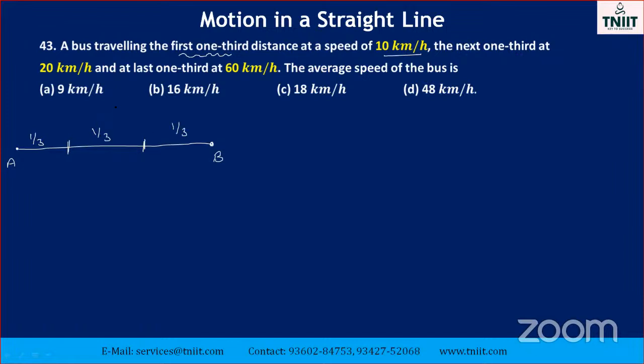It is equally divided into how many intervals? 3 equal distances. For the first 1/3 of the distance, the speed is 10 kilometer per hour. Remember, the unit is kilometer per hour. The second 1/3 is moving with 20 kilometer per hour. The last 1/3 is moving with the speed 60 kilometer per hour.